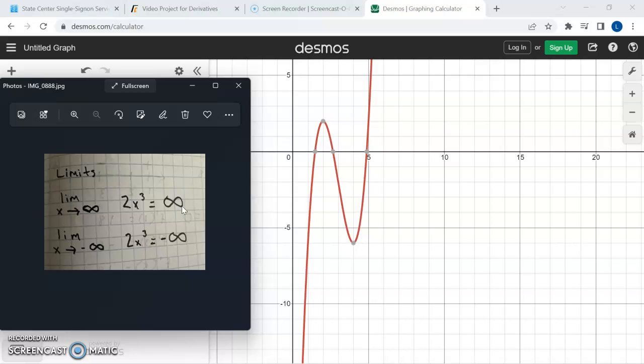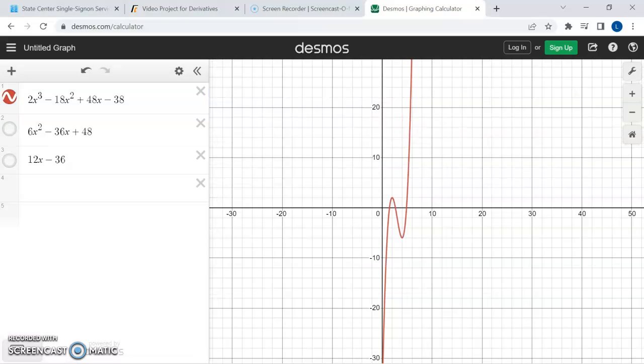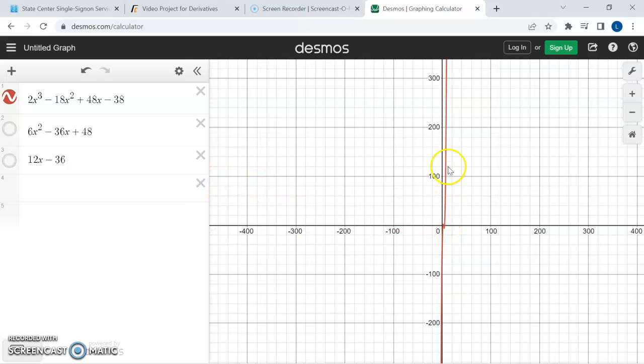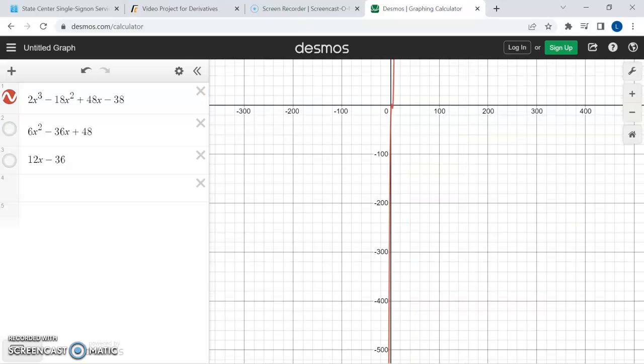The easiest way to explain this basically is if you look at Desmos, x is always increasing as you go to positive infinity, and that's why it's increasing as you go into positive infinity. And as you go to negative infinity, it's always decreasing. So you can't really mark it as a number, it's just infinity.